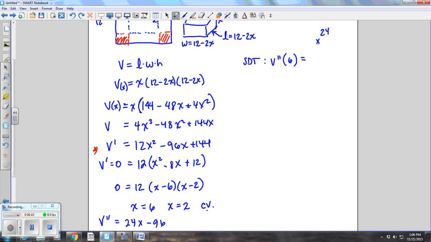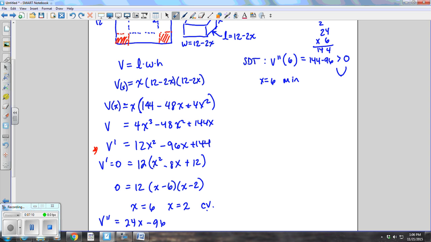If this was not a calculator portion, I do suggest you go and do some little math up here instead of doing crazy estimating in your head. So I've got 144 minus 96, and really I don't even care about that true value of the second derivative. What I care about is it's greater than 0, which means concave up. And so at x equal to 6, we actually have a minimum.